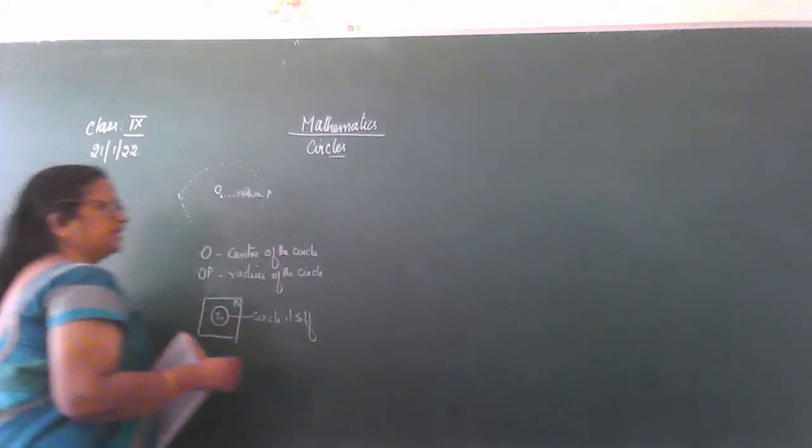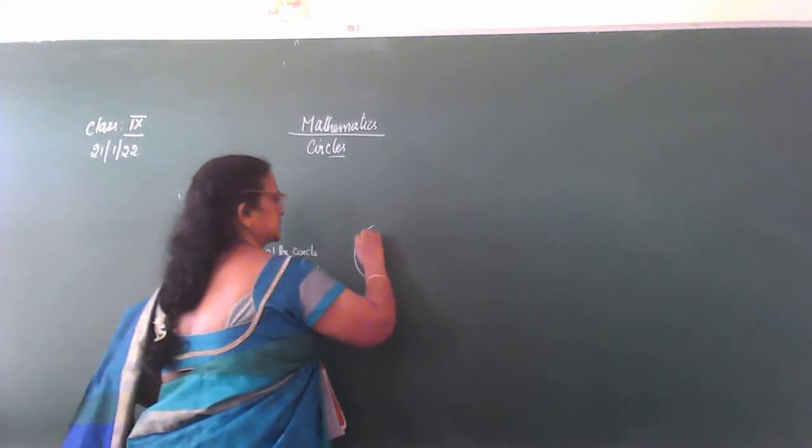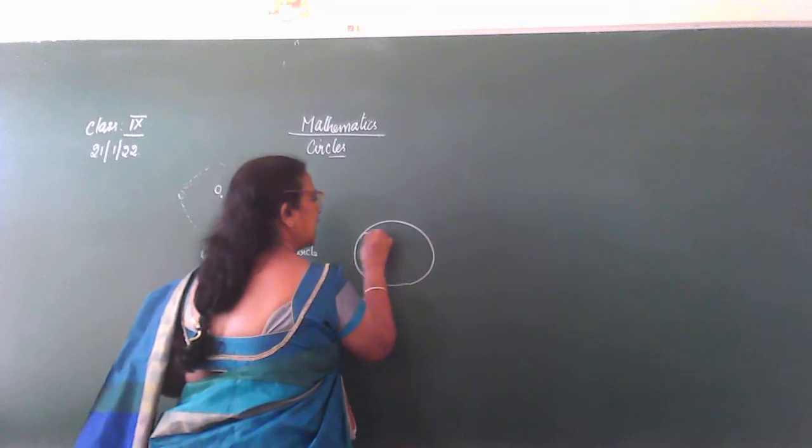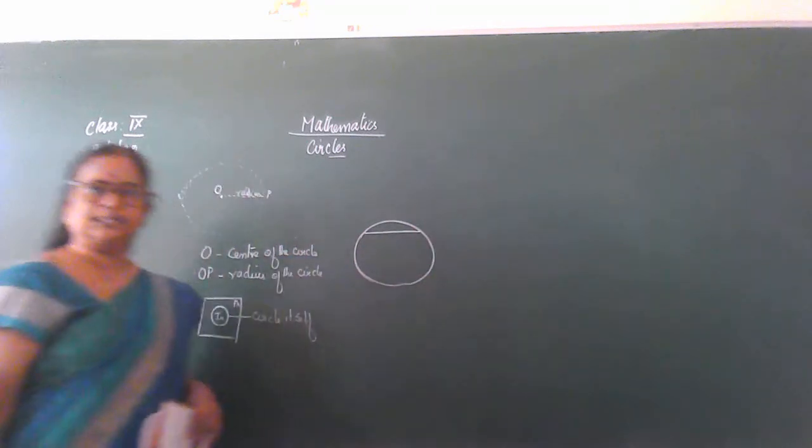So we considered the radius. What about the diameter? A chord is a line that touches the circle at 2 points.